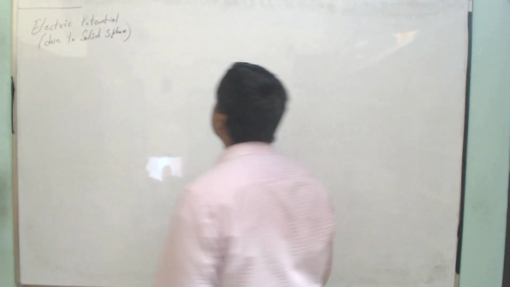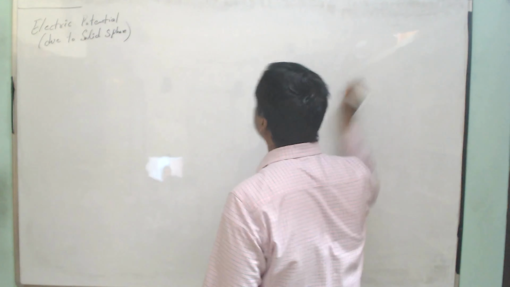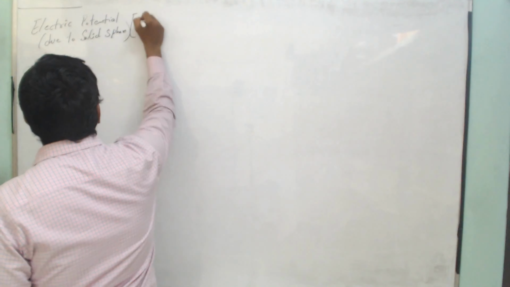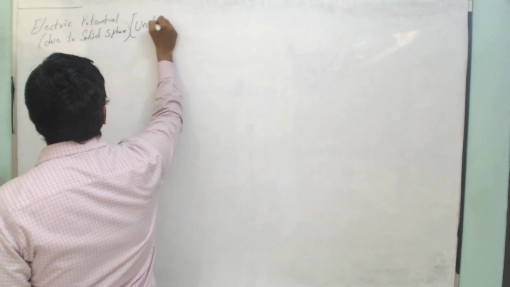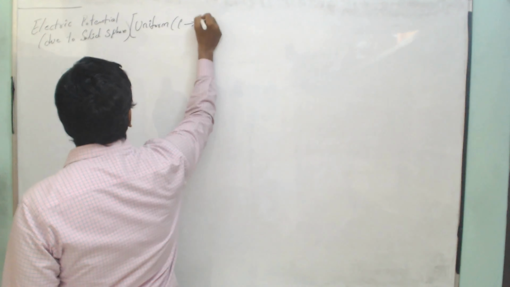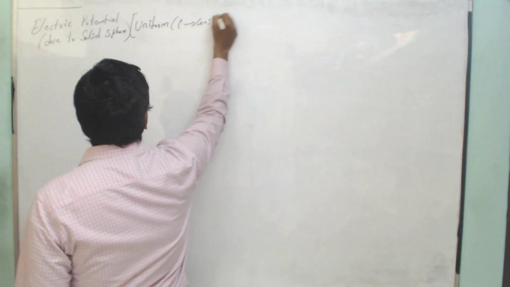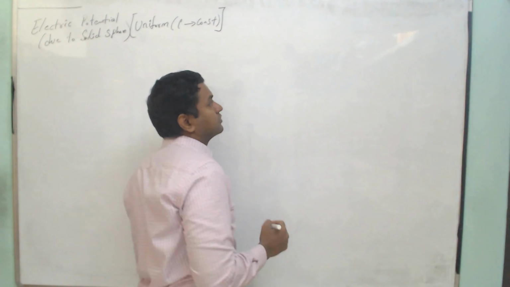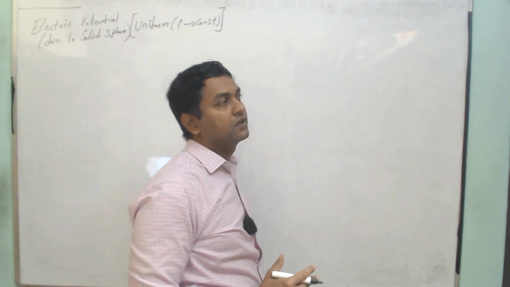Now, for solid sphere, and it's a uniform solid sphere, that means our rho is a constant. Charge per unit volume is a constant. So here we have two cases.